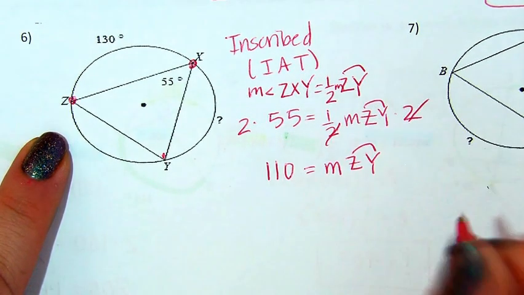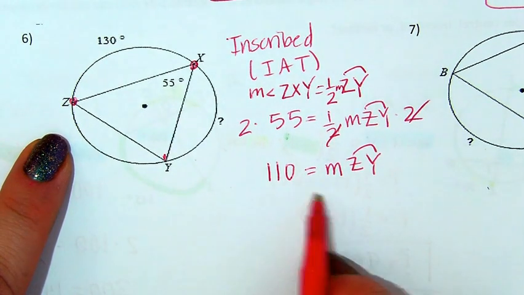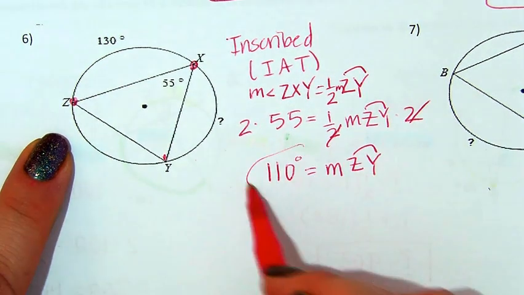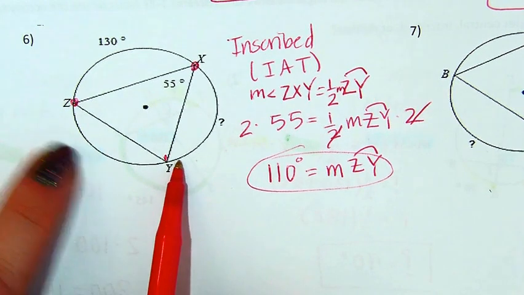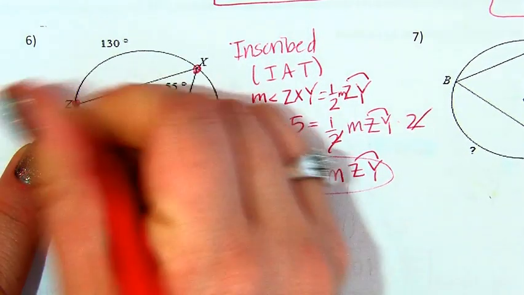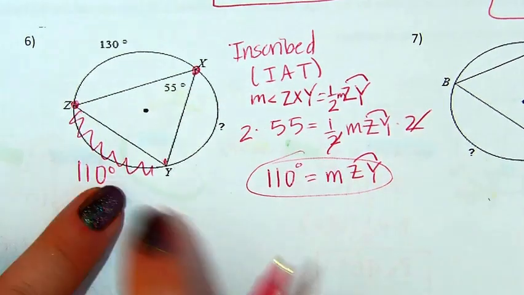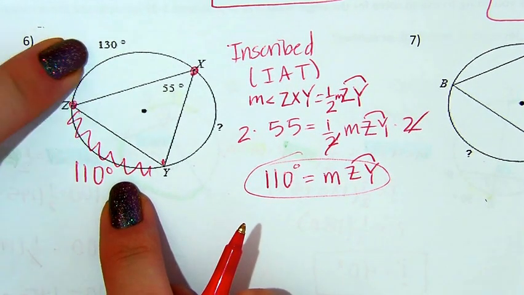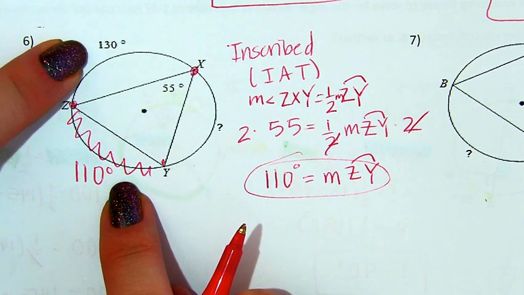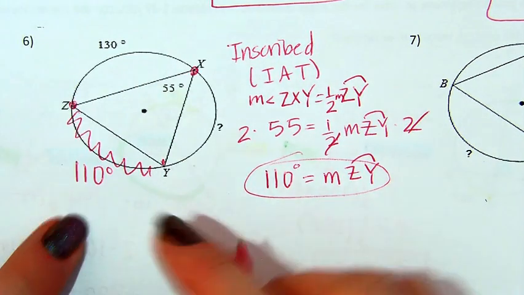So the measure of ZY is 110. But that's not what we're trying to find. We're trying to find this arc here. What we just found was the measure of this piece. But now that I know that ZY is 110, I know that ZX is 130, and the whole circle is 360.